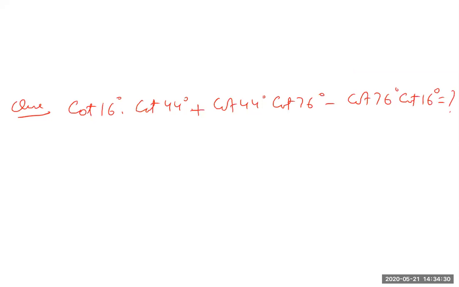So Prakhar, what have you done in this, you converted in cosine sine or something else? No, sir. Sir, I converted cot. Sir, I made it cot of 90 minus 74, and then I converted into tan, and then I used the tan A plus B property. Very good. So you converted all questions into tan form.